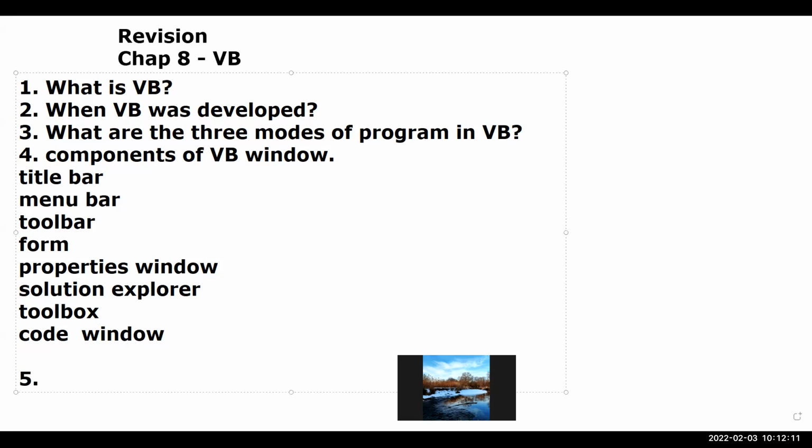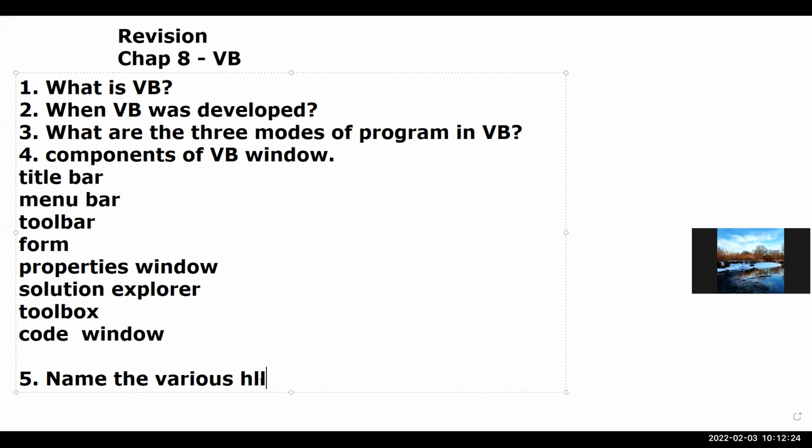Components के meaning clear है? Okay, name the various high-level languages. Java, JavaScript, C++, Python, Visual Basic. Okay. Visual Basic 2017 is the latest version of VB launched by Microsoft in 2017. VB 2017 is bundled together with other Microsoft programming languages.